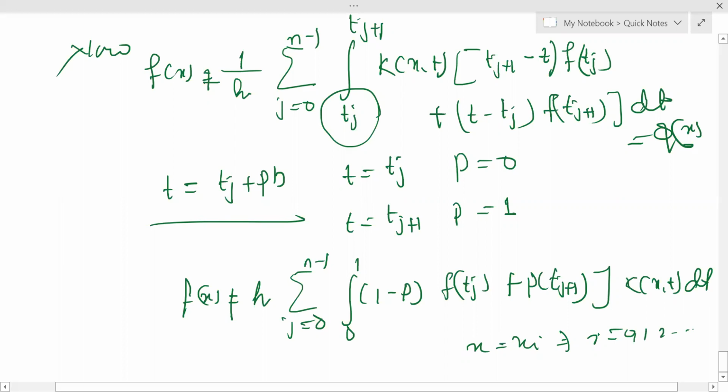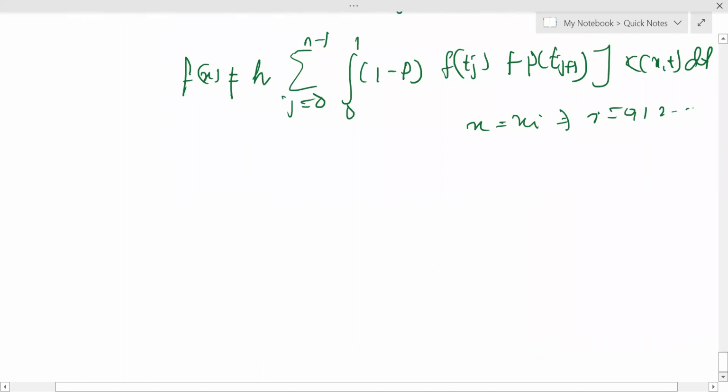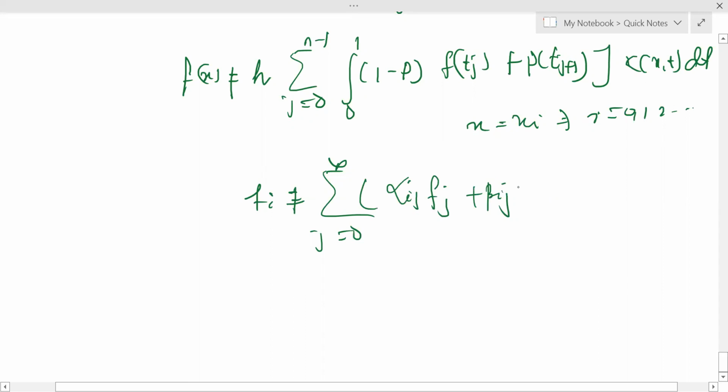So f_i एक common format में उसलिए वो लिखेंगे, f_i becomes, हम ऐसे लिख सकते हैं, summation j is equal to 0 to infinity α_ij f_j plus β_ij f_{j+1}, which is equal to φ_i.